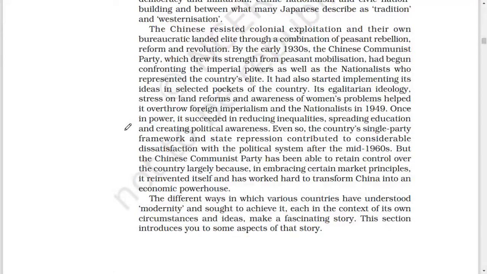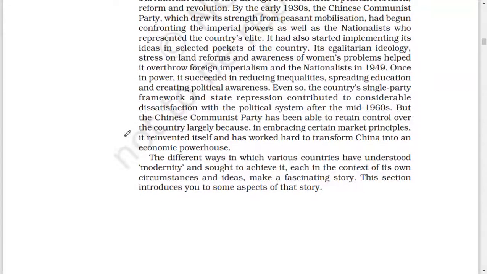Even so, the country's single-party framework and state repression contributed to considerable dissatisfaction with the political system after the mid-1960s, but the Chinese Communist Party has been able to retain control over the country largely because of embracing certain market principles. It reinvented itself and has worked hard to transform China into an economic powerhouse.